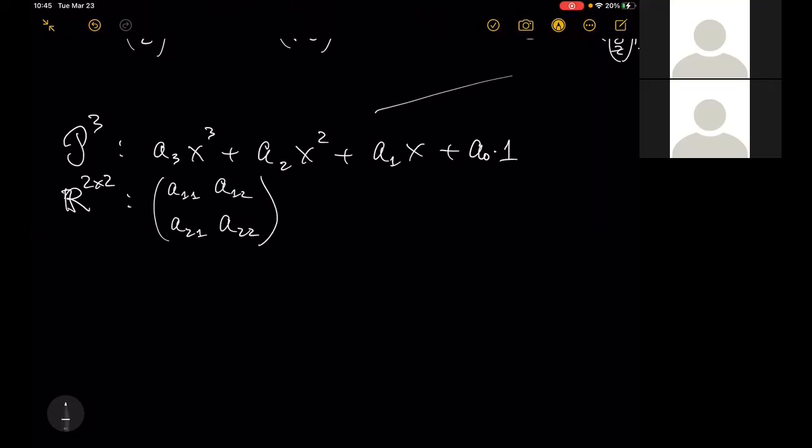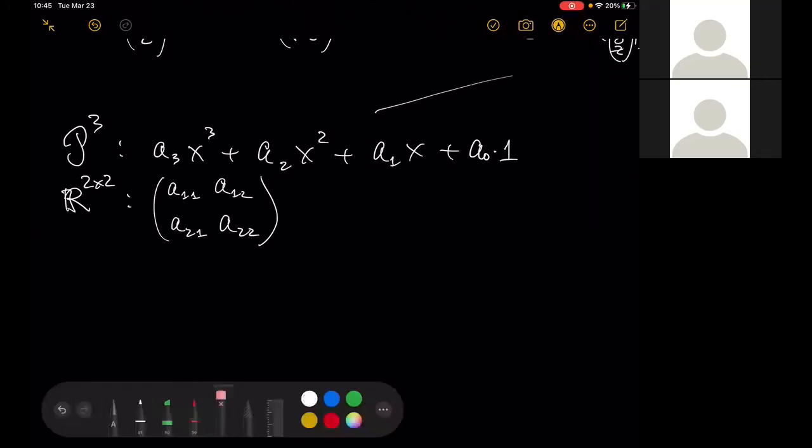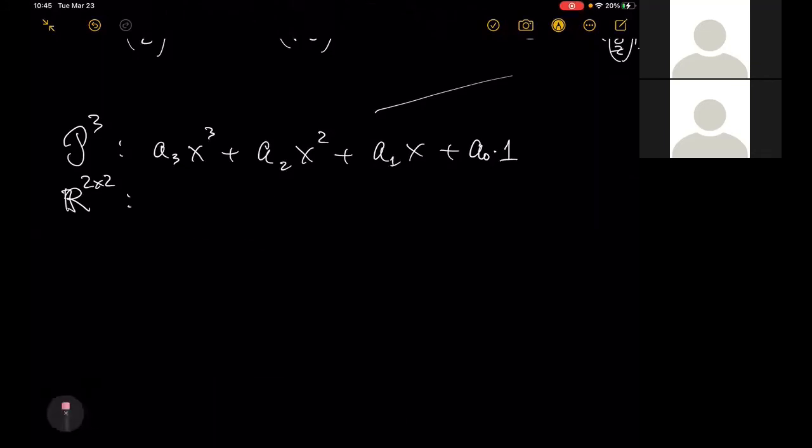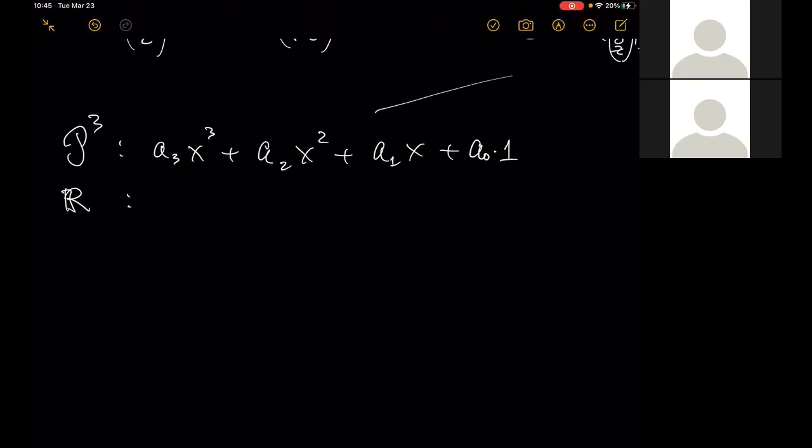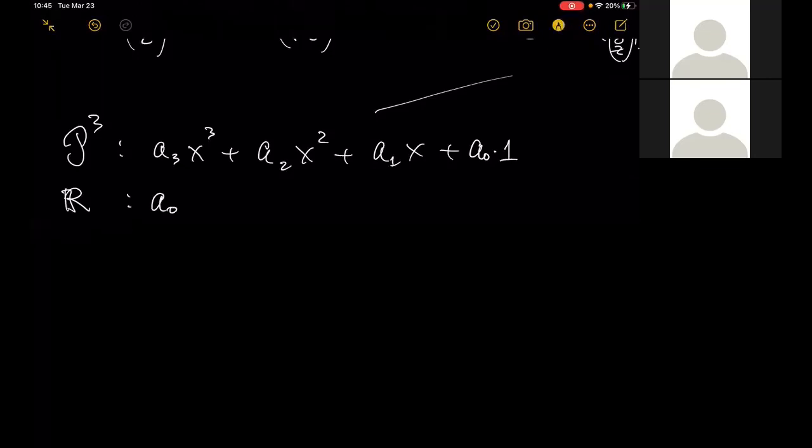Really, let us make it simpler. So let us consider just R, and R will be nothing else but just a0.